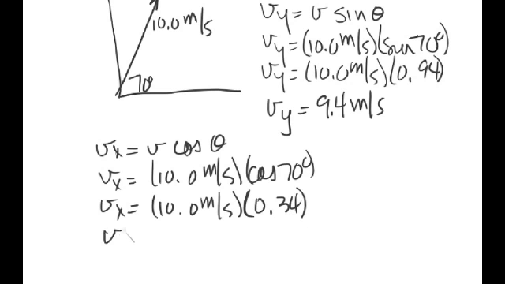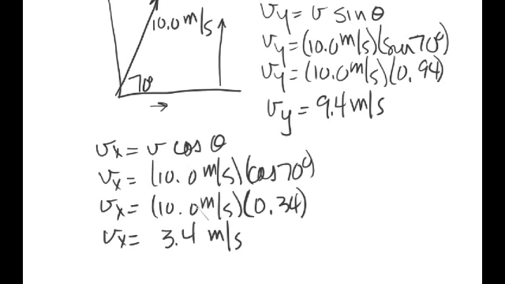And then v sub x turns out to be 3.4 meters per second. Again, take a look at the physical reality. Do we expect a lot of motion vertically or horizontally? Vertically, because of such a steep angle, and you notice that that is correct. V sub y is greater than v sub x by over 2 times.